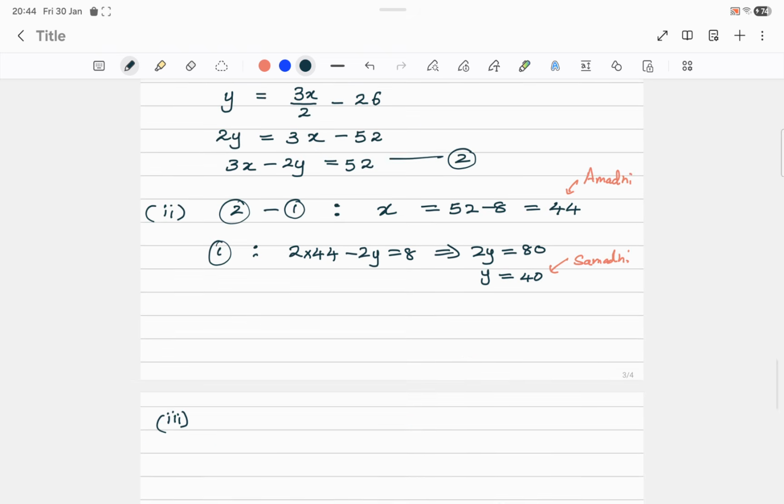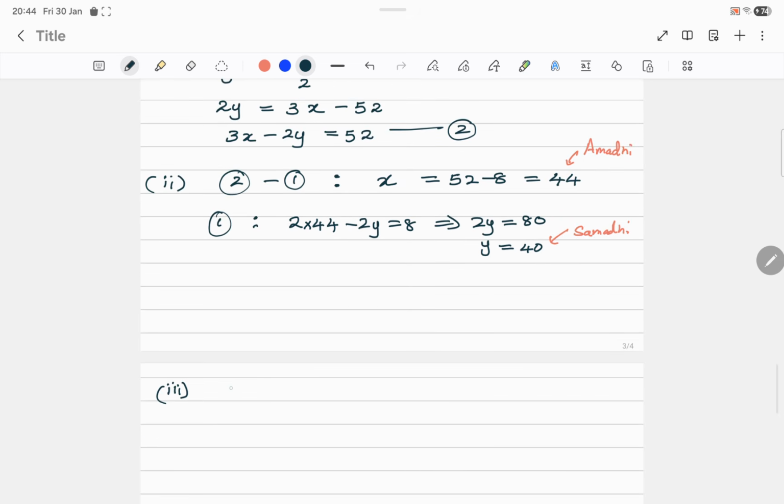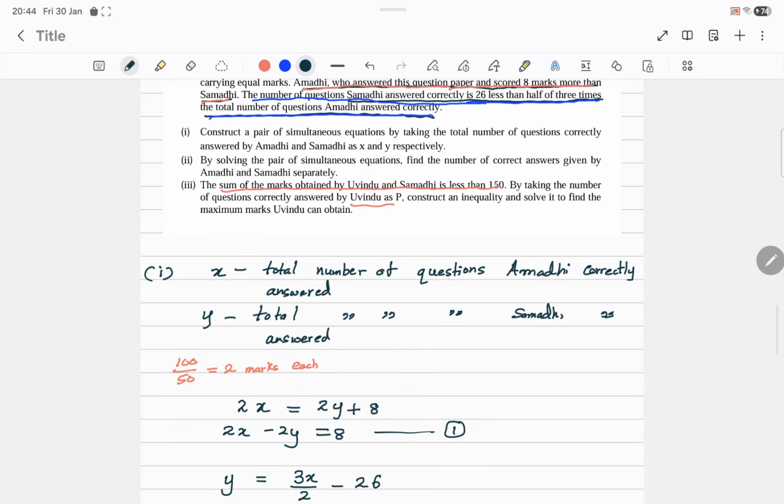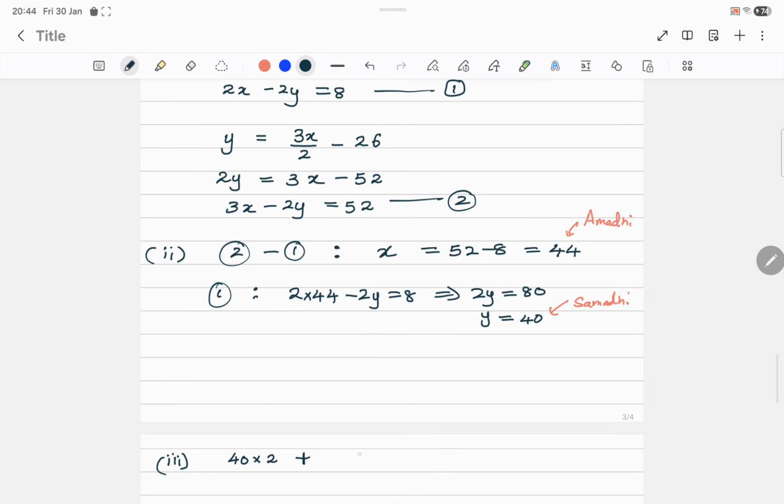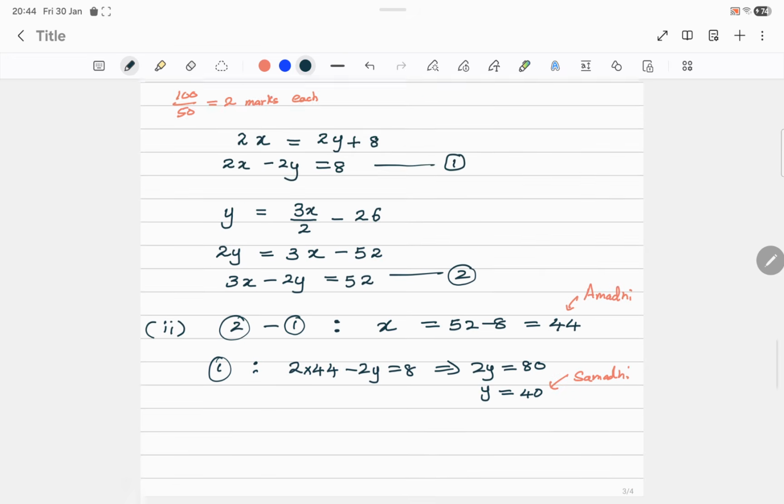Right. So we know Samadhi answered 40 questions, right? And each question is worth 2 points. So that is Samadhi's mark plus Uvindu's. Uvindu answered P questions, and each question is worth 2, so Uvindu's score is 2P.